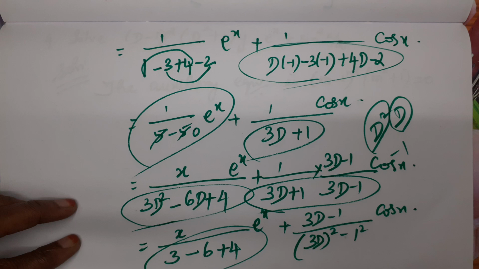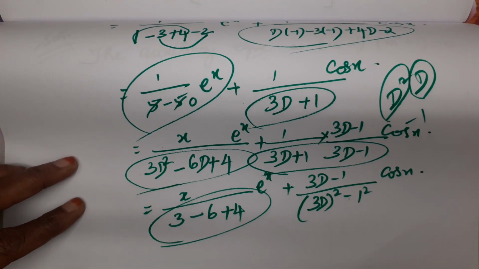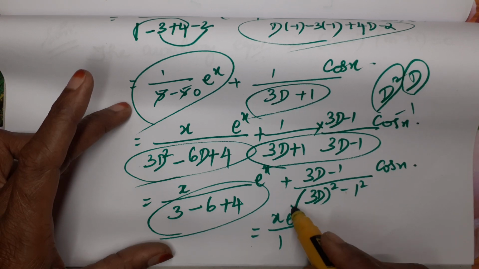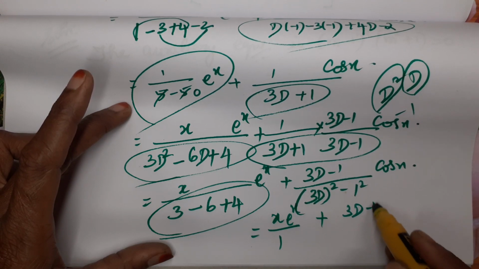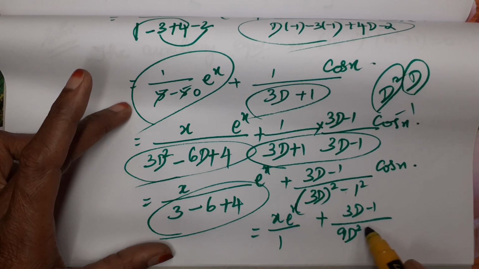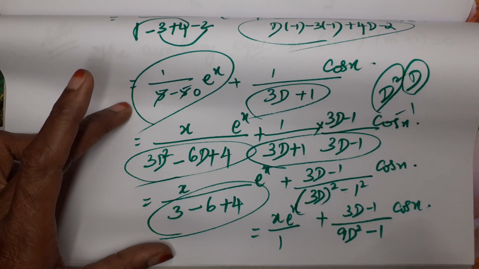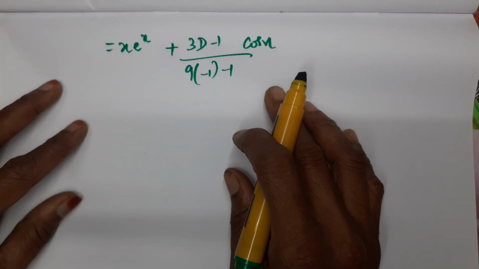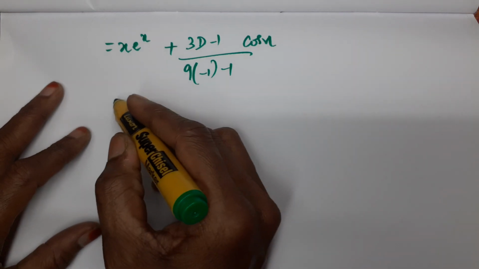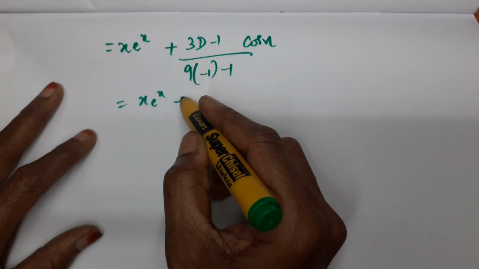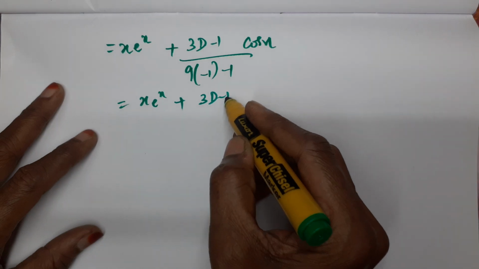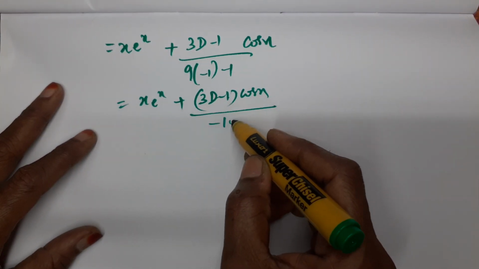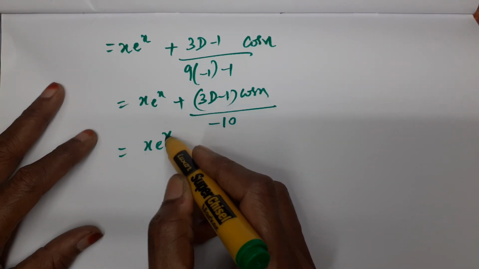Combining these two together, simplification of this, finally we are getting x by 7 minus 6, it is 1 e power x plus 3D minus 1 by, this is 9D squared minus 1 into cos x, which is equal to x e power x plus 3D minus 1 by 9 into minus 1, which is equal to x e power x plus 3D minus 1 into cos x by minus 9 minus 1, which is minus 10, which is equal to, the first one will remain the same.